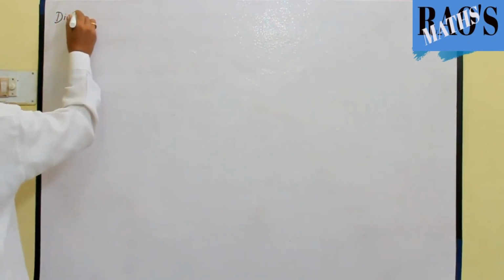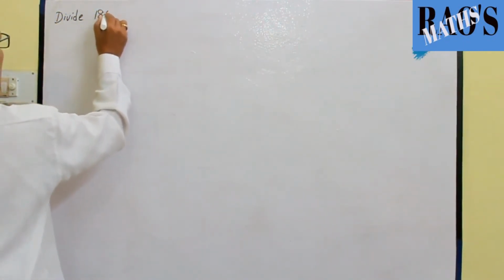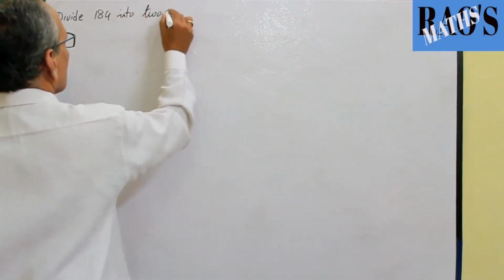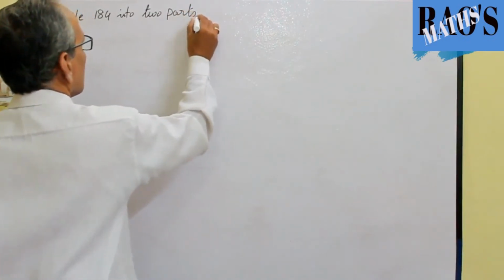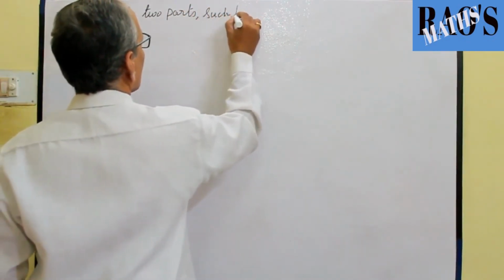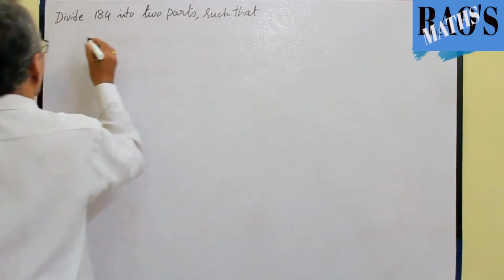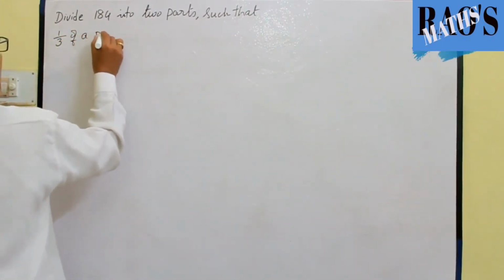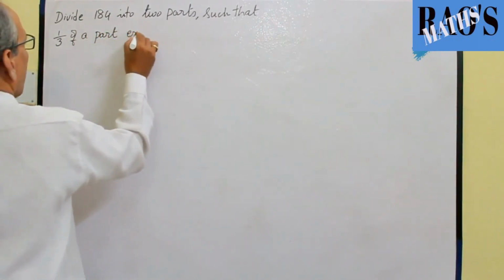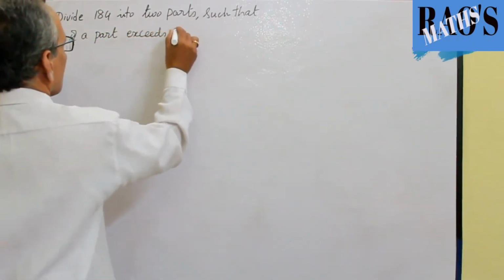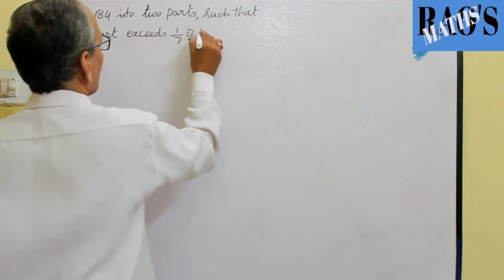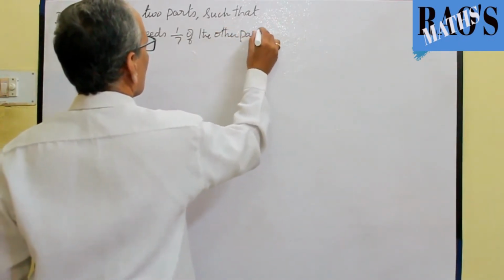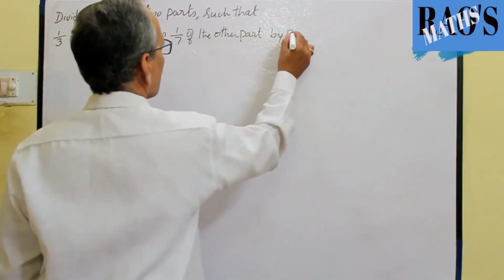Divide 184 into two parts such that 1/3 of a part exceeds 1/7 of the other part by 8.